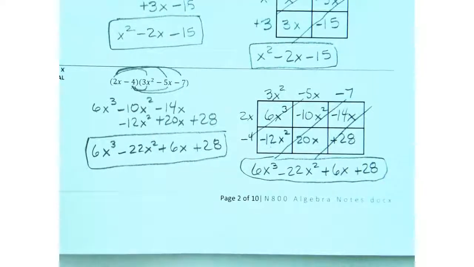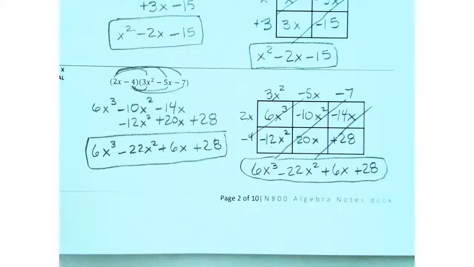Please remember that the power of a variable only changes when multiplying, not when adding like terms. When we multiplied 2x times 3x squared, we added the power of 1 to the power of 2 to get 6x cubed. When we multiplied 2x times negative 5x, we added the power of 1 to the power of 1 again to get negative 10x squared.